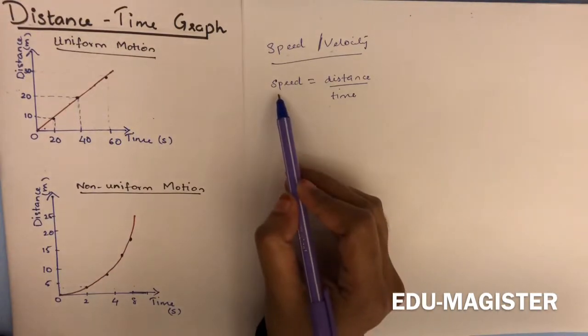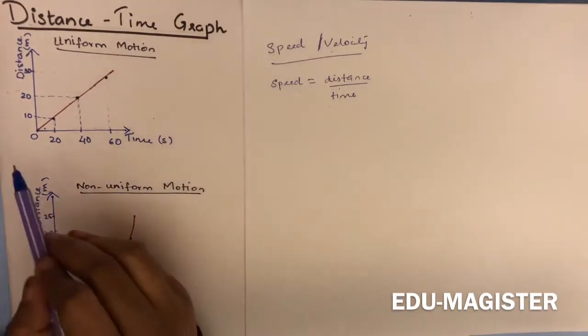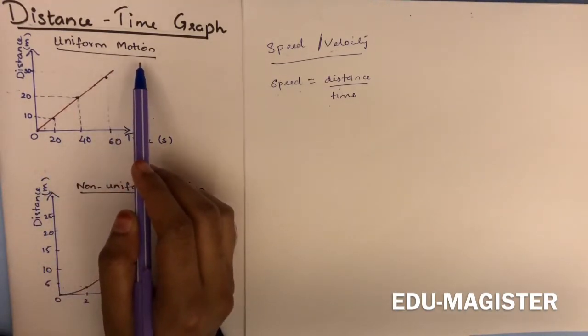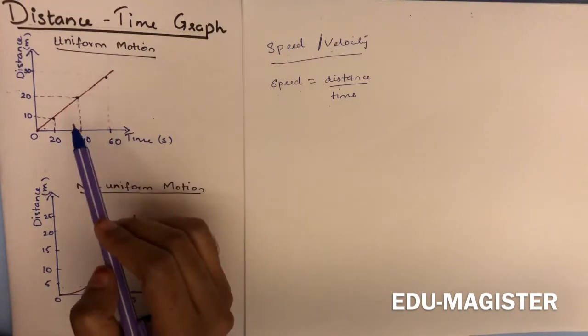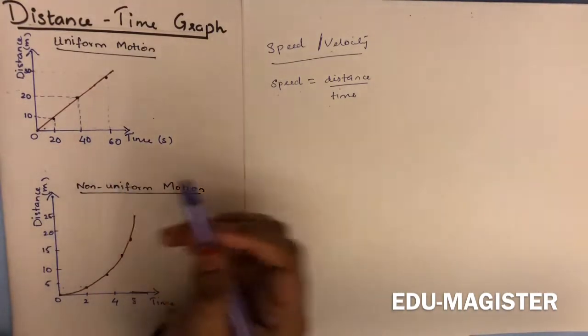So, we get the speed, right? Now, that speed will be the same for any interval of time that you consider in the case of a uniform motion, because the speed is constant. So, let us begin.